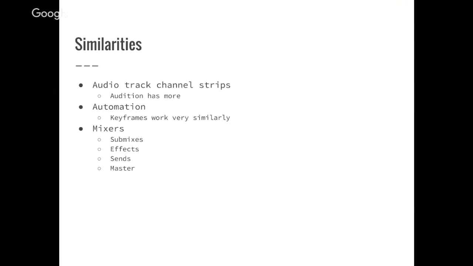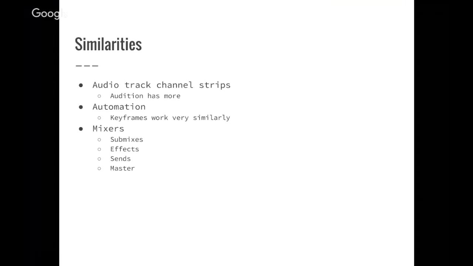Automation: the keyframes work very similarly, you have write, latch, touch, track automations and clip automations. You have all of that in Audition as well. And the mixers: you also have submixes, effects racks, sends, which I don't really go into, and you have your master. So you have all of that in Audition as well as what I showed you in Premiere.